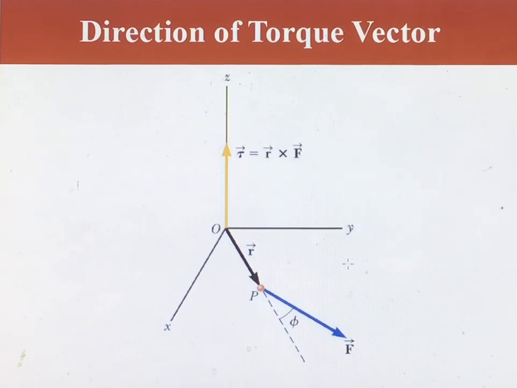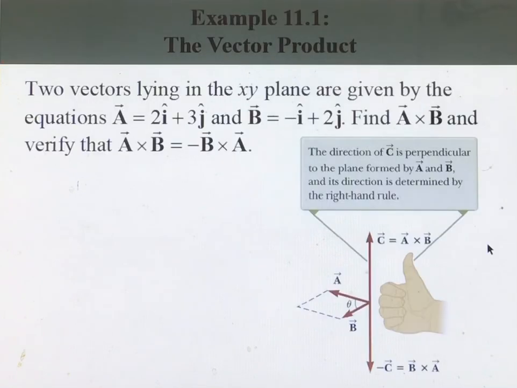All right, so now let's talk about the direction of the torque vector. If this is my x-axis and this is my y-axis and I have my z-axis pointing up, the distance from this point to this point is my displacement vector at point P, and there's a force applied to point P right there.